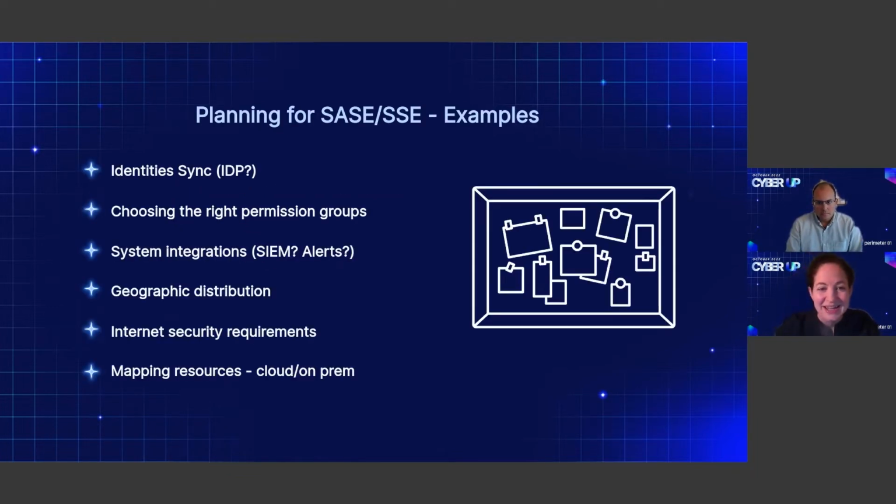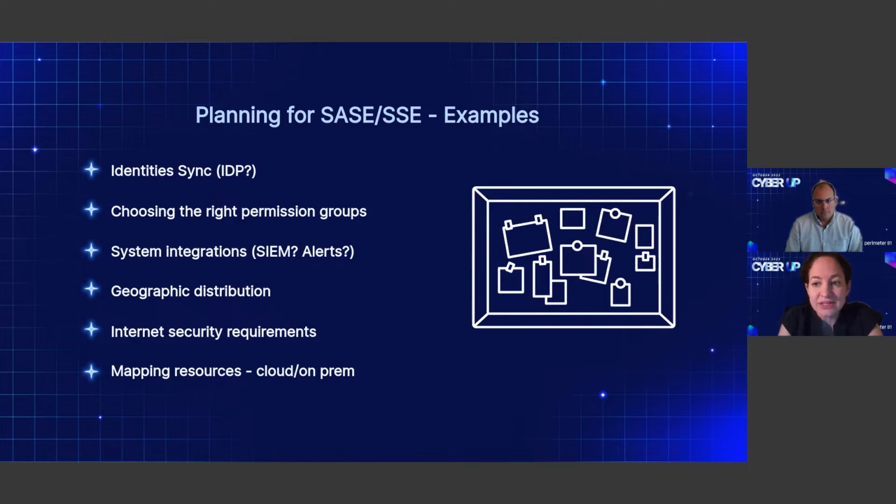All right. So a few examples of things you need to plan for when you are preparing to deploy a converged solution that is providing you with the security solution that is defined by SASE or SSE. First of all, you have to think about identities synchronization, whether you want to sync this platform with an IDP, identity provider, or not. And identities are basically the core of this technology.